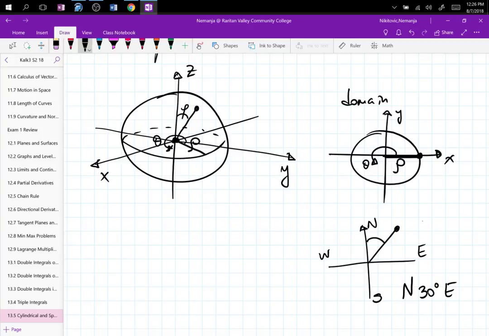So this is what you do. Let's create the ball first. How do we create a ball in spherical coordinates? You have a center somewhere in space. You put your center in space. Then you draw out your radius. So this is the radius rho. Here is the center of the universe, and here is the radius rho.